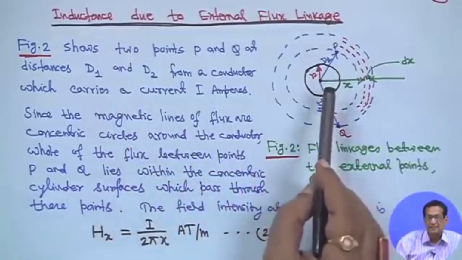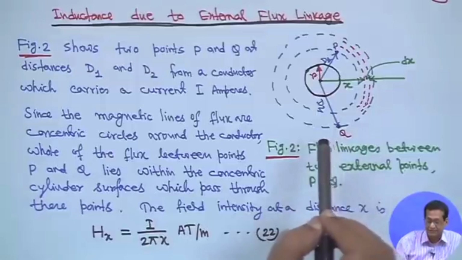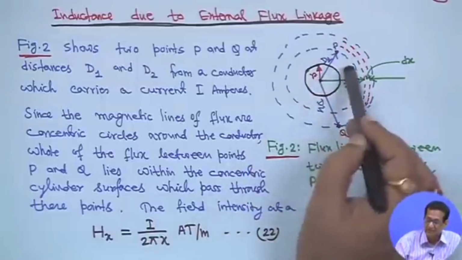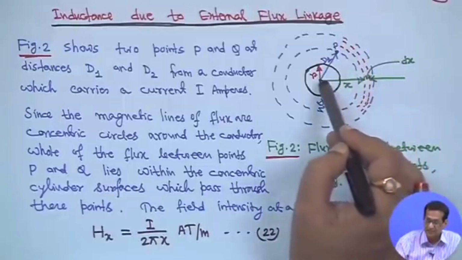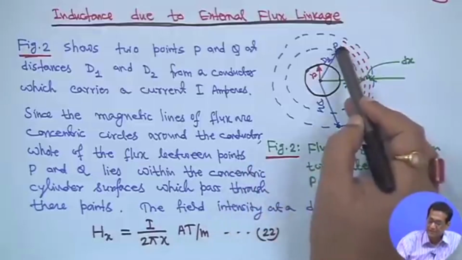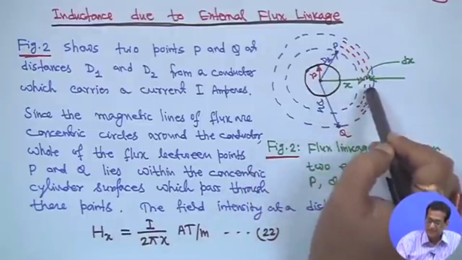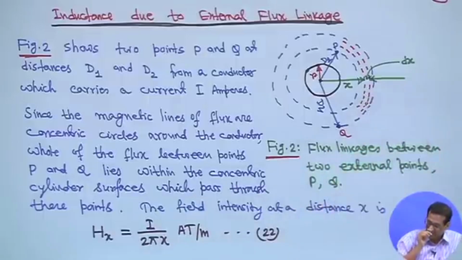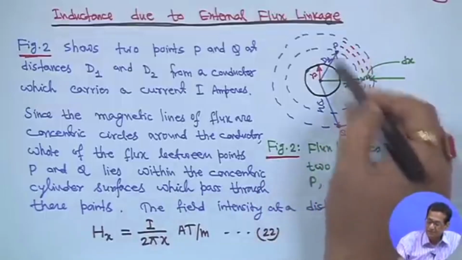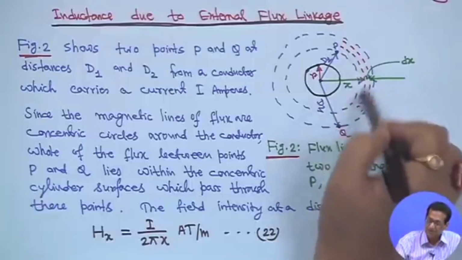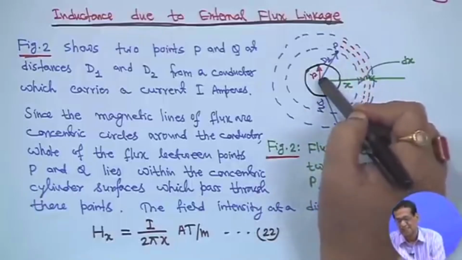Since the magnetic lines of flux are concentric circles around the conductor, the whole of the flux between points P and Q lies within the concentric cylinder surfaces which pass through these points. So, in between P and Q, whatever the flux lines, they are concentric.